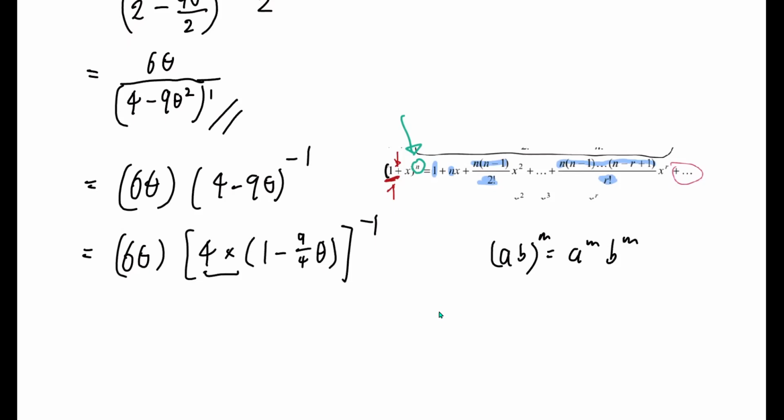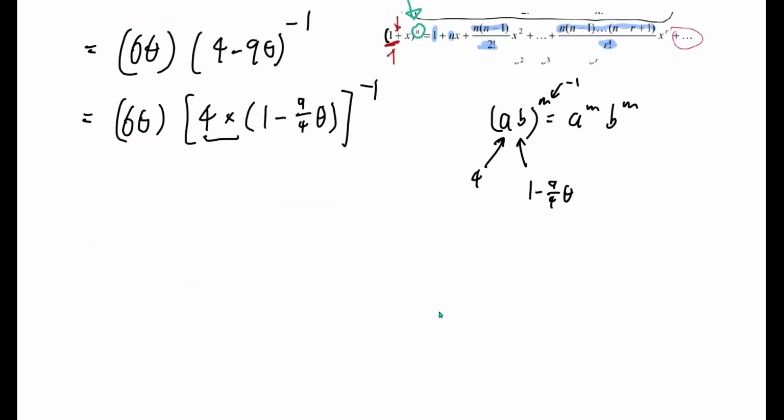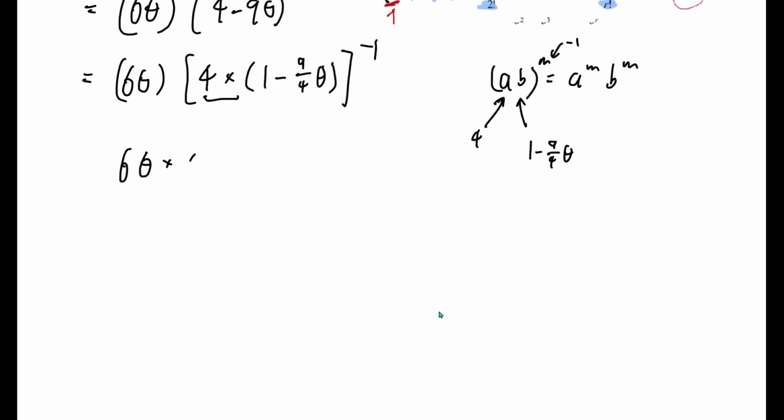Here the a is 4, the b is 1 minus 9 quarter theta, and m is negative 1. So you have to distribute the power. Basically, you end up with 6 theta multiplied by 4 power negative 1 times 1 minus 9 quarter theta power negative 1. Do we have the format yet? Almost. 6 theta over 4, since 4 power negative 1 is just 1/4. You can simplify it further as 3 over 2 theta.